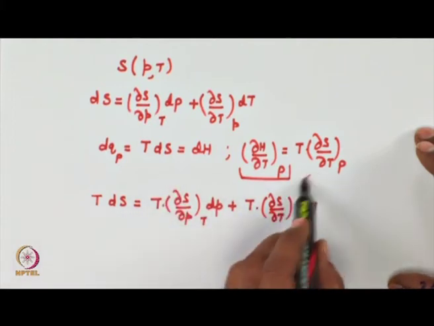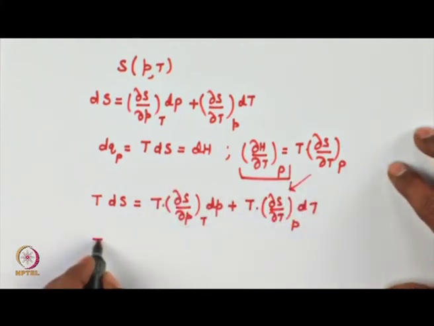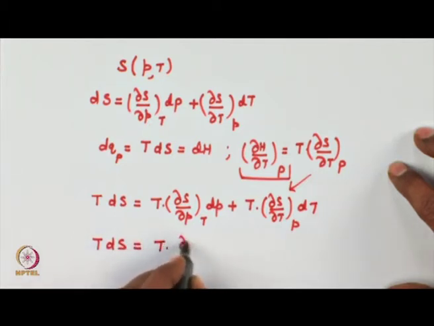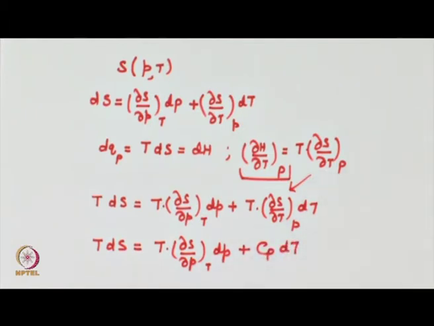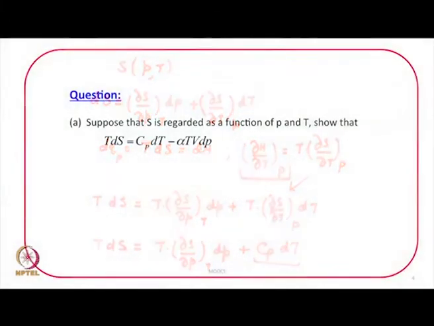Now I can use this information over here, and I have TdS is equal to T into dou S dou P at constant temperature dP plus Cp dT.